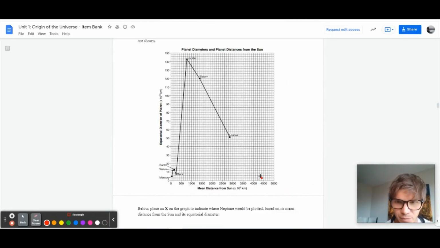4,498. That's going to be just about 4,500. So if I wanted to, I can go just barely to the left of that line. But if you want to go right on that line, that would be okay too. And the next one, we're going to look at the equatorial diameter of a planet. And the unit here is times 10 to the third power kilometers, or in other words, times 1,000.